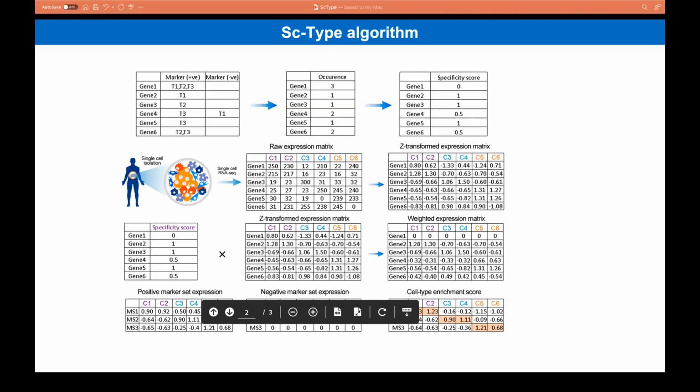So for example, for one cell type, if our database has 10 genes, then we extract the 10 gene matrix. It could be that for some cell types there are more markers in our database, some cell types it could be 3 or 4 or 5. So it totally depends upon how many markers there are in the scType database.